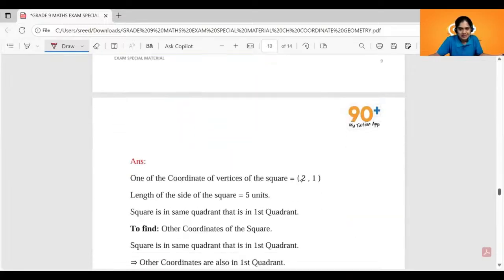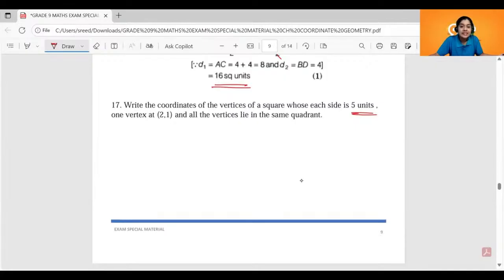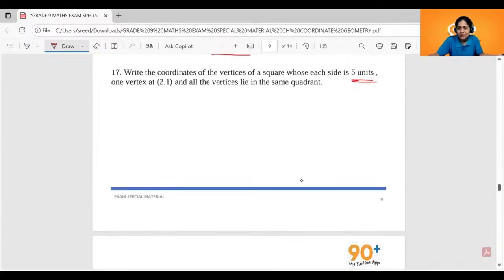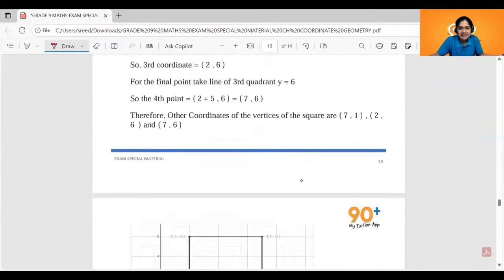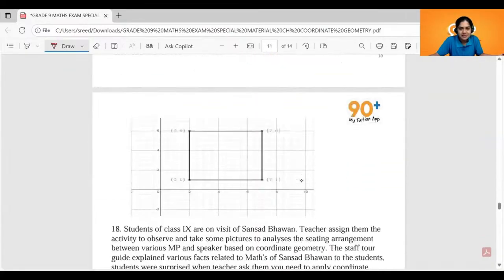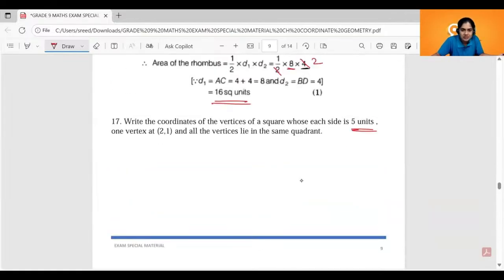Okay, so what you have to do? Write the coordinates of the vertices of the square. Okay, the best way, instead of looking at these writings and everything, the best thing you can do is to draw the graph. So I will make you understand, then I will show you the answer which is written at the bottom.